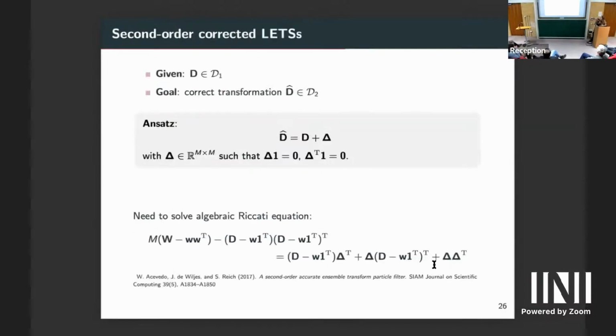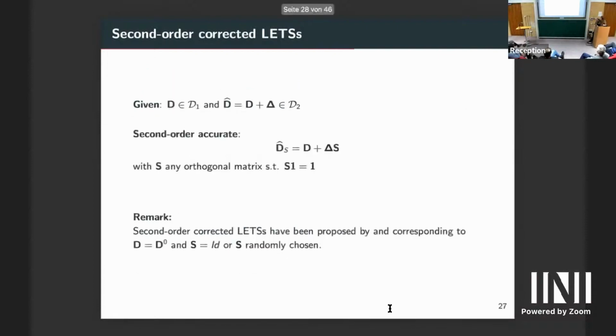How you exactly do this is another story, numerically and so on. But essentially, you correct this linear transformation, and the way you correct it is that you match the second moment. For that, you need to solve this Riccati equation, which you can do with some consideration. This is of course an approximation, but yeah.